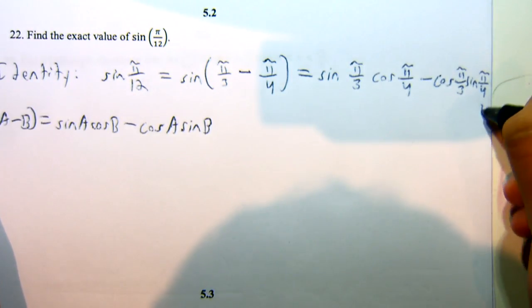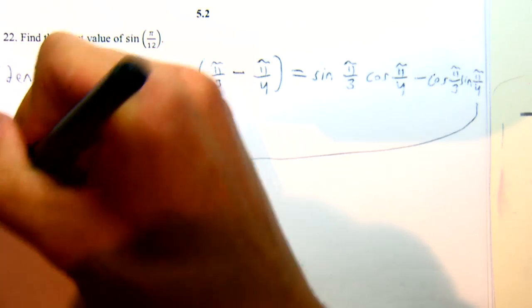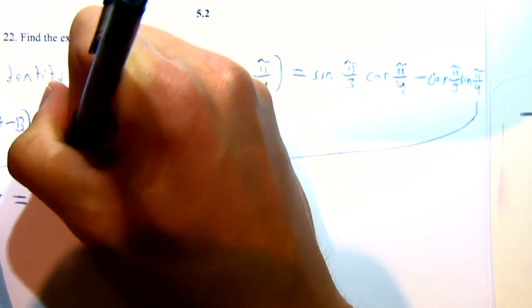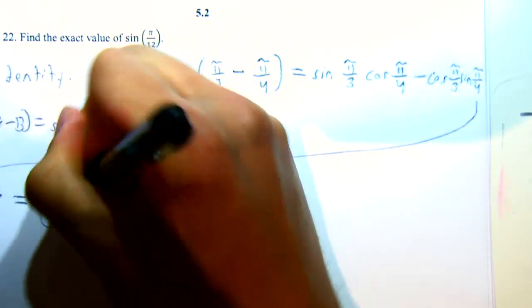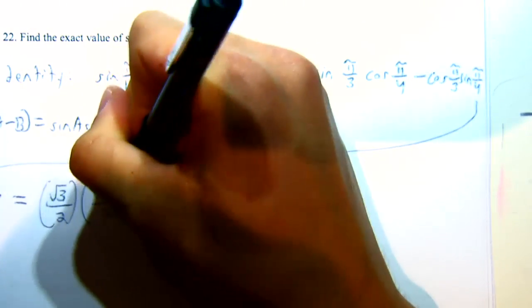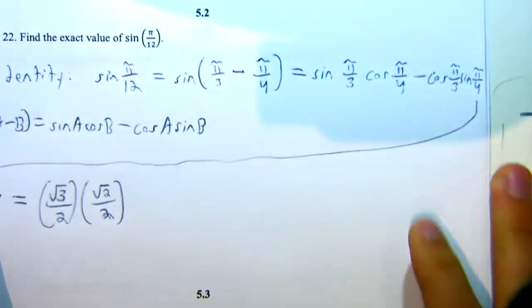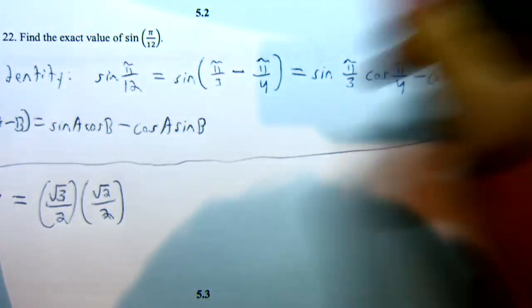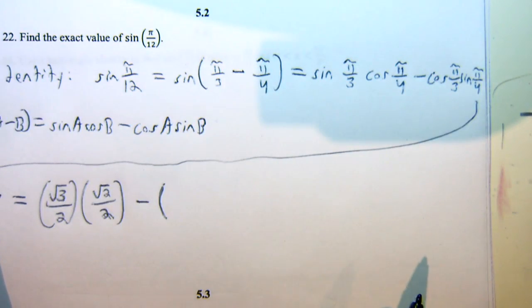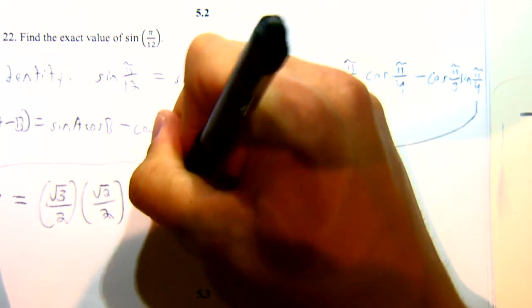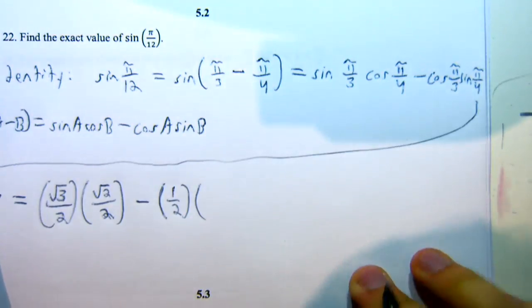Alright, so moving this down, we had square root of 3 over 2, and then we had square root of 2 over 2. And then cosine at pi over 3 is 1/2. Sine at pi over 4 is square root of 2 over 2.